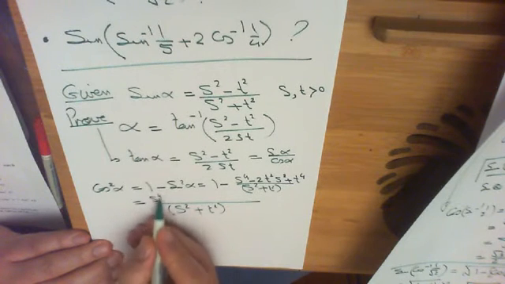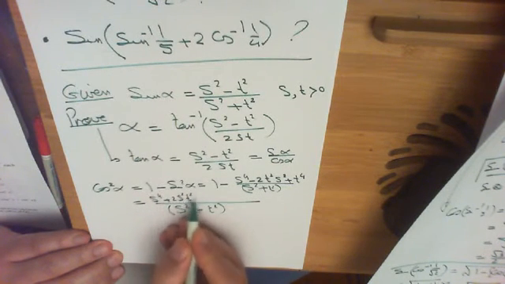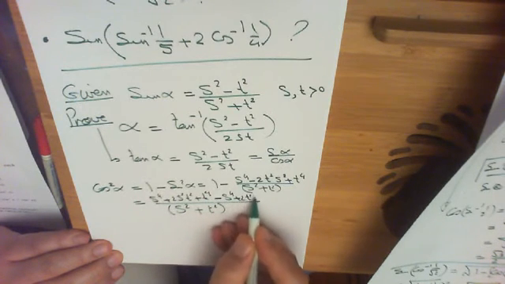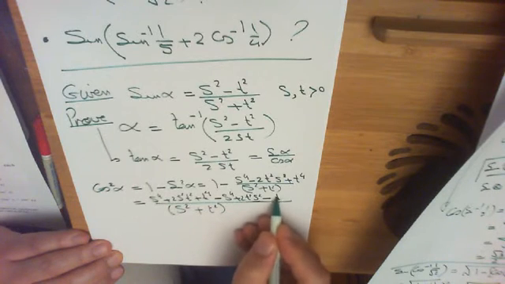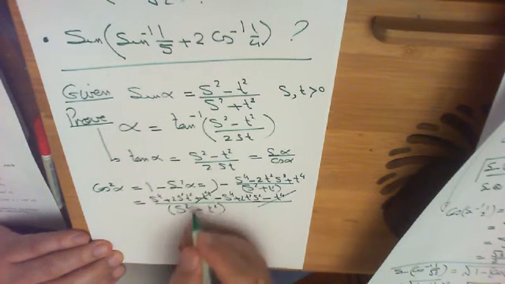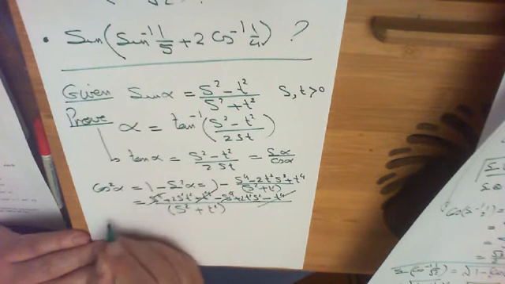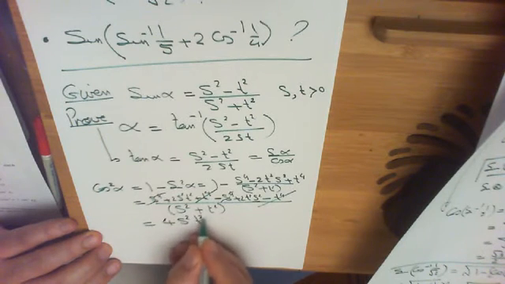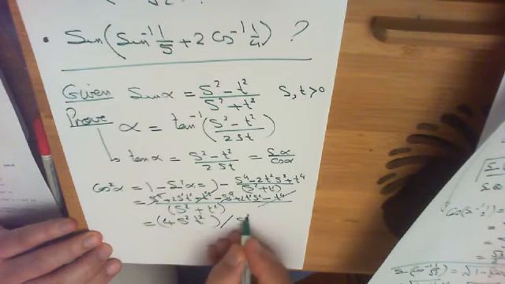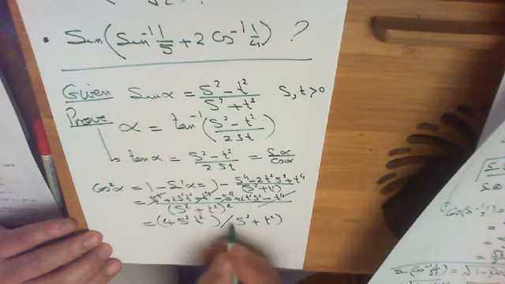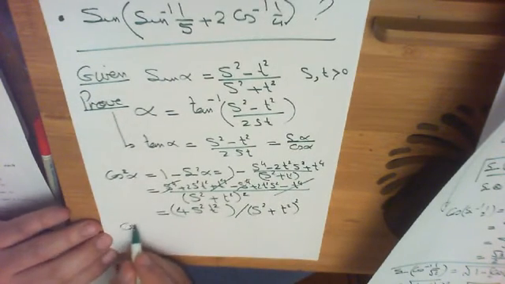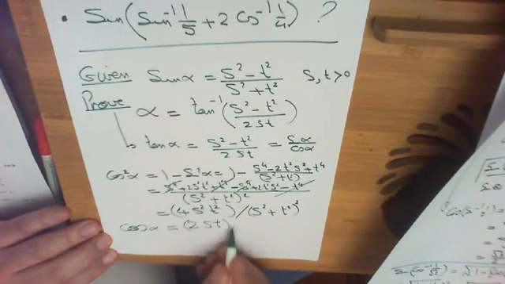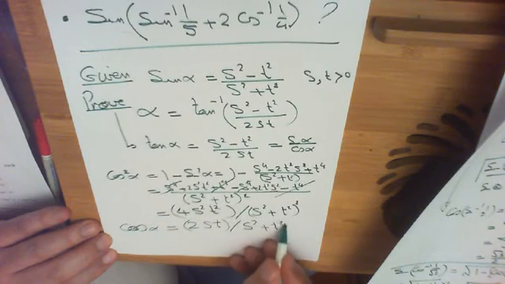This would be s power 4 plus 2s squared t squared plus t power 4 minus s power 4 plus 2t squared s squared minus t power 4. T power 4 cancels t power 4, s power 4 cancels s power 4. This will be summed up to 4s squared t squared divided by s squared plus t squared all squared. This is cosine squared. So cosine alpha is 2st divided by s squared plus t squared.